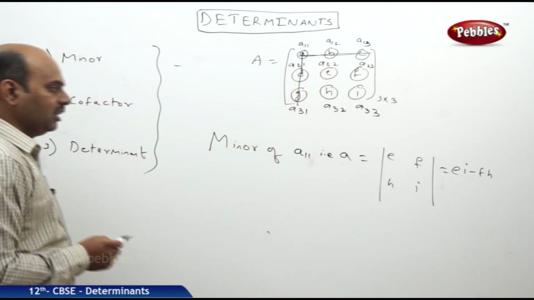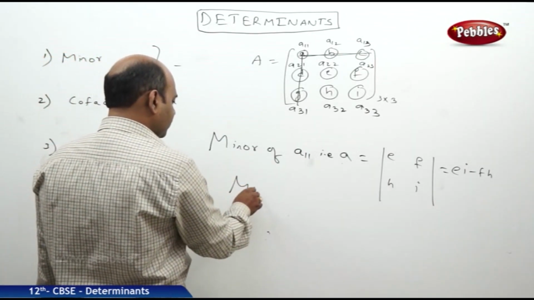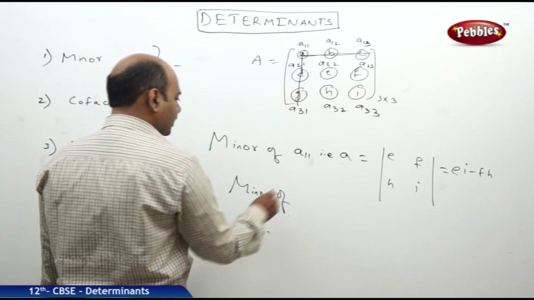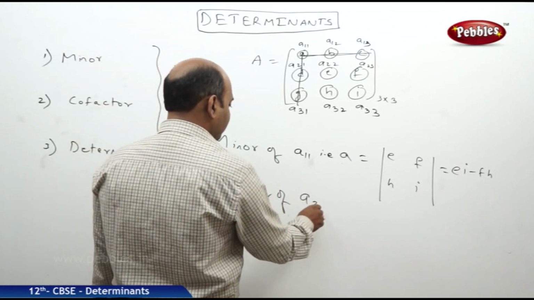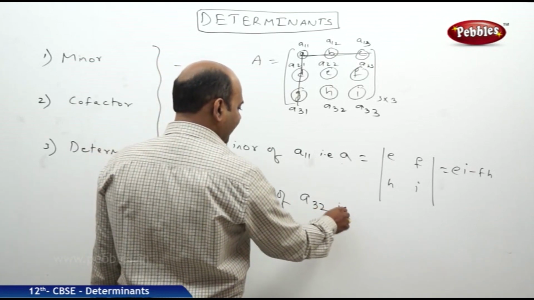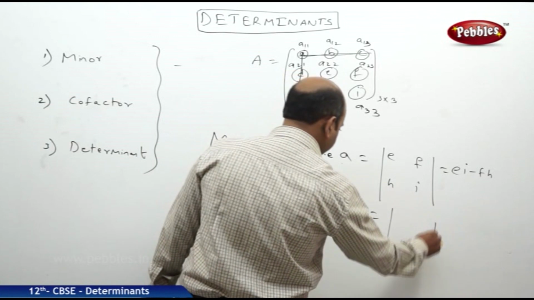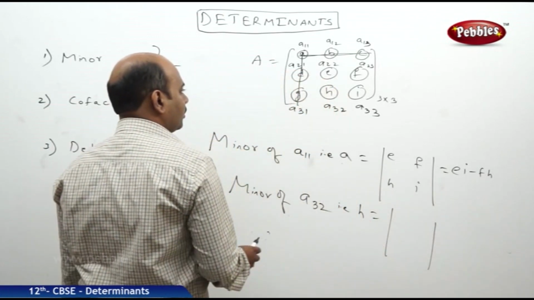I think you followed. Another example we will take. Suppose I want to find the minor of a32. That means, what element is in the a32 position? a32 means h. I want to find the minor of h. Finding the minor of h, what should I do?